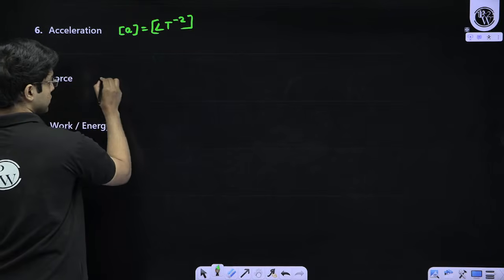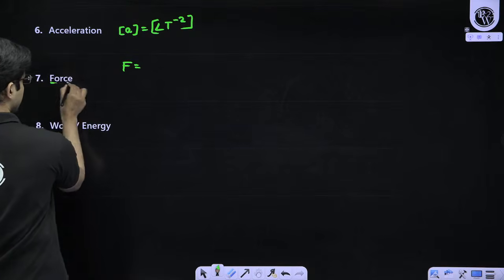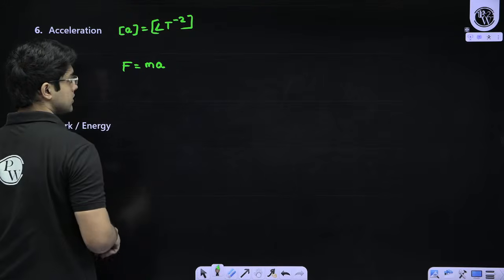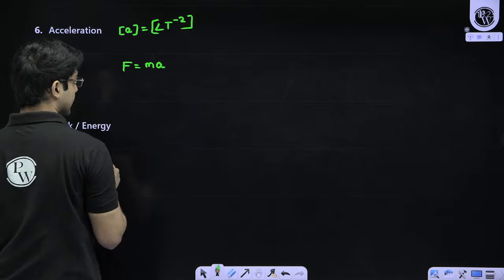And force, always think of a formula relating the quantity that you want. So if you want force, think of it using Newton's second law, F equal to ma. So here force is related to mass and acceleration.